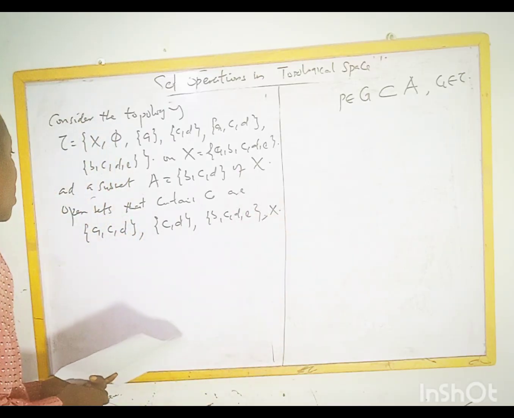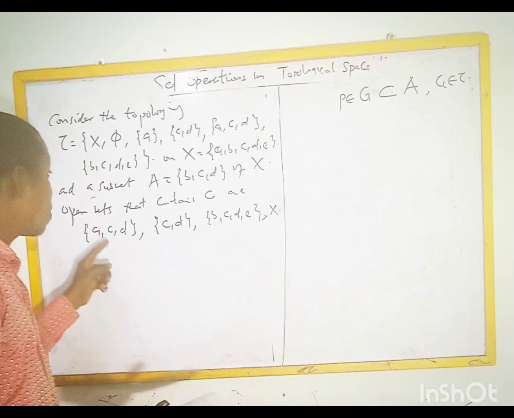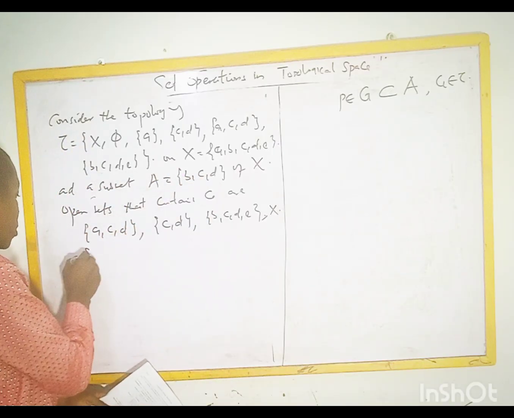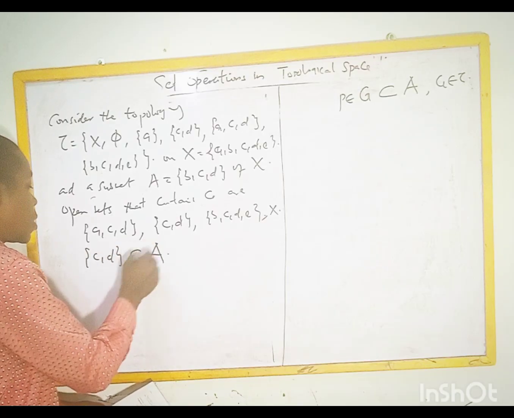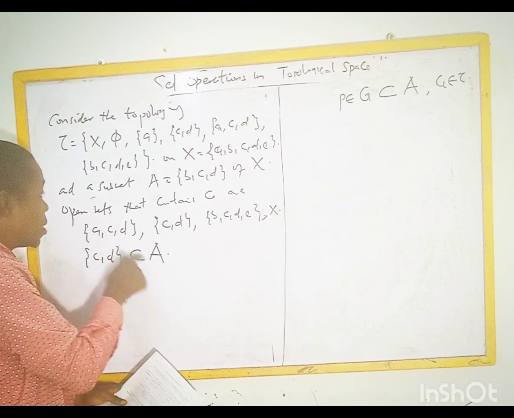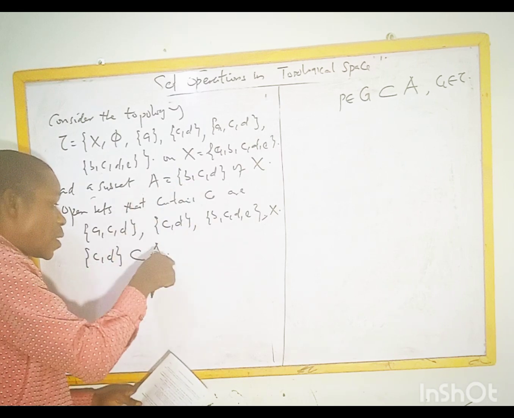From these open sets, which one is contained in A? You can see that only {C, D} is contained in A, because {C, D} is a subset of A.